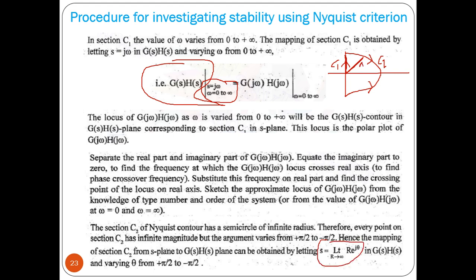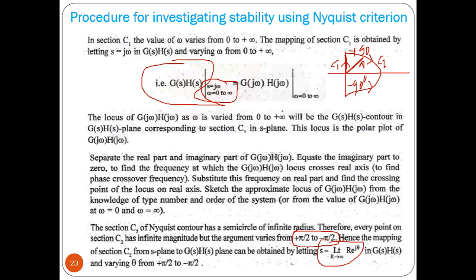This is an infinite radius. That means we are taking the entire right half plane, and theta varies from plus 90 degrees to minus 90 degrees. That is the point.